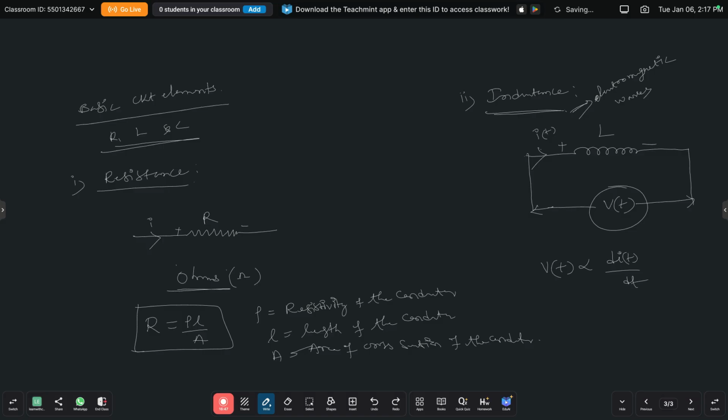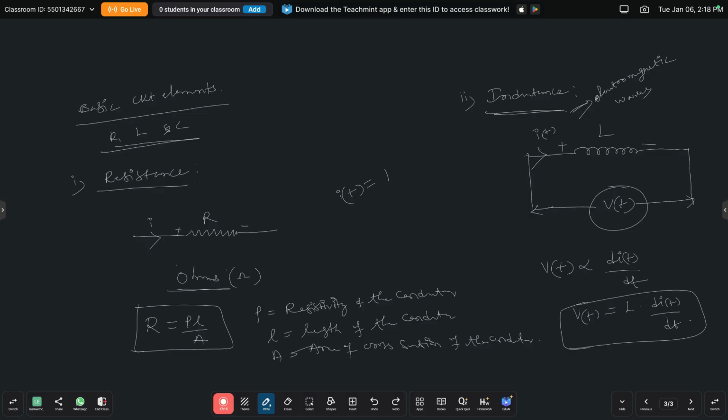By removing this proportionality, we get a constant, that is V of t is equal to inductance L into di of t by dt. So this is the formula for V of t. In case we already know the value of I of t, or if we know the value of V of t, then we need to find the value of I of t.